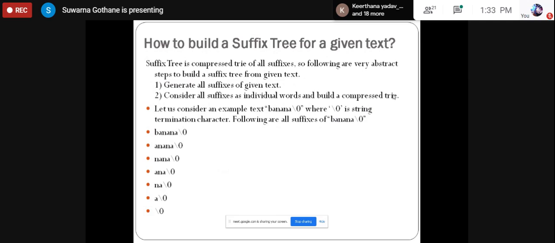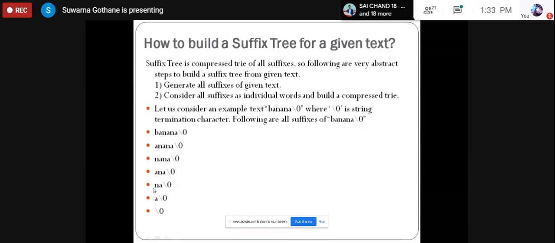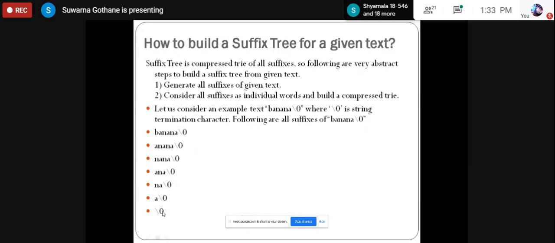How do we obtain them? By eliminating characters. Look at this example: for all suffixes we are going to do this. This is the first one. We have eliminated here B, then BA, then BAN, then BANA, and here N is eliminated, here A is eliminated. Like that it reaches the empty one.